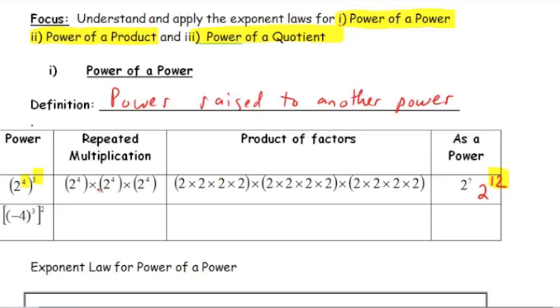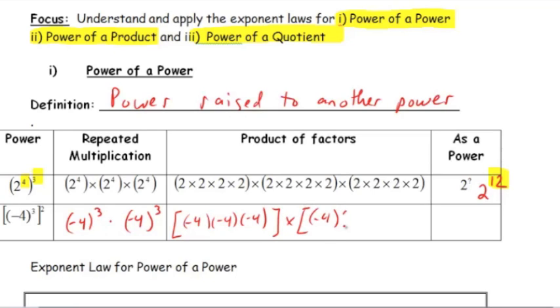Okay, so if we do the same thing with this next line, if we have negative 4 cubed, so that's negative 4 to the power of 3 squared, so times itself, and then write that out in the above format. If we have negative 4 times negative 4 times negative 4, that's negative 4 cubed, and then times that again by itself, times negative 4.